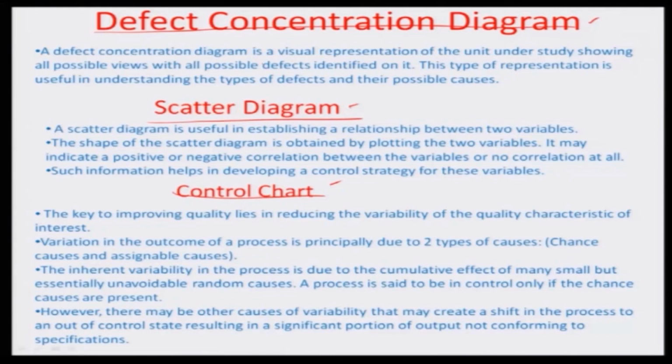A defect concentration diagram is a visual representation of the unit under study showing all possible views with possible defects identified on it. The type of representation is useful in understanding the type of defects and their possible causes. When we look into an automotive unit, we will have different views of the automobile.